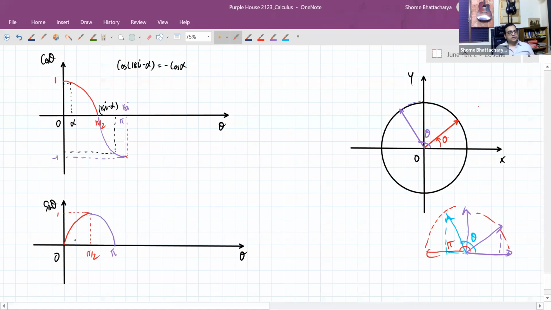So there is this kind of symmetry: if you're at some angle alpha here, the value of sine will repeat again at 180 minus alpha or pi minus alpha. So we have the formula that sine of pi minus alpha is positive sine alpha.